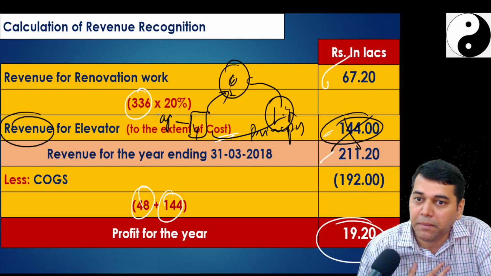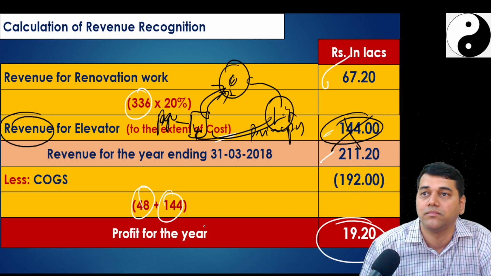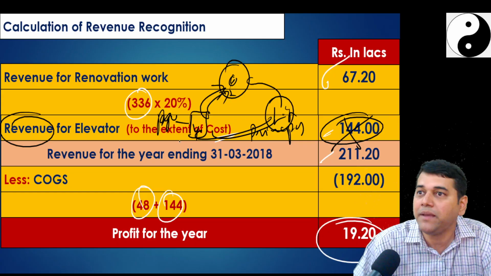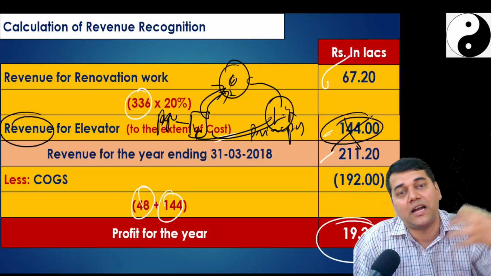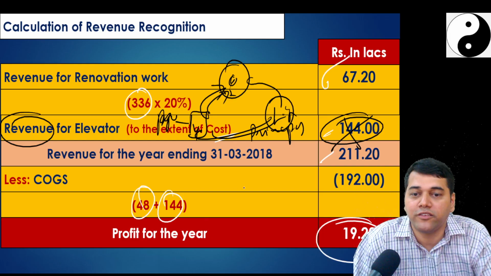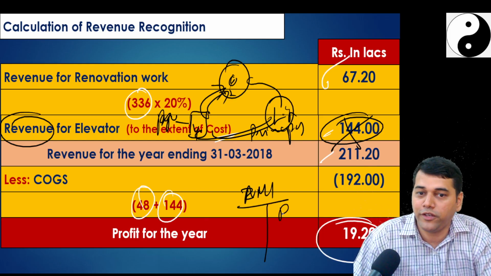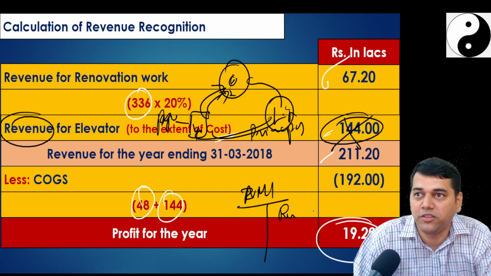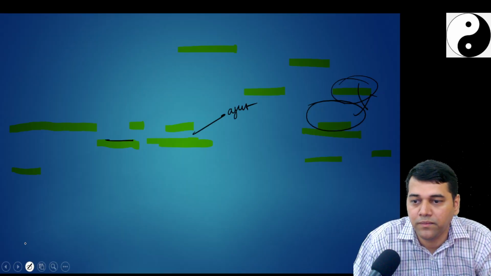If I say I am a principal, that means I got control and then transferred it to him. Then I am a principal, and if I am a principal, the entire cost of the lift I will show as my income, and whatever I need to pay as cost. In this case, Zomato's or Make My Trip's P&L will look like this. What is your revenue? If you are a principal, there can be two scenarios. Take my example of Make My Trip.